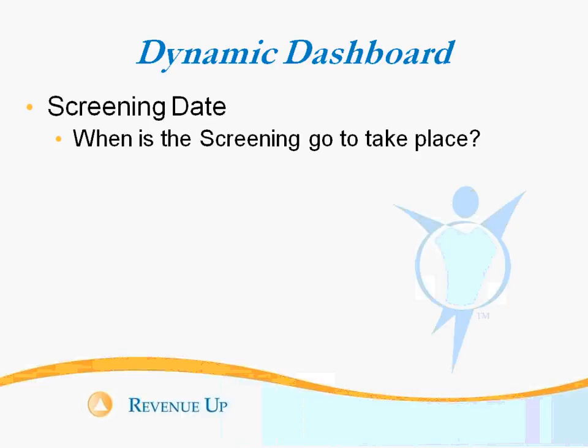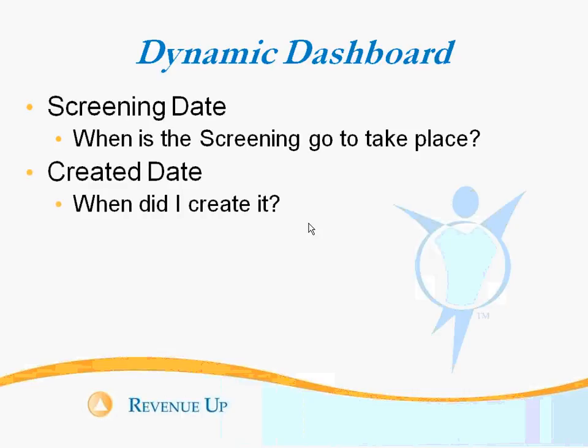All right, and another item that you have is, when was the screening, or when was the object that you're looking for created? So let's say I just got back from a Sunday announcement. I logged in to Salesforce. I just created it today. Now the screening date could be for next week. It could be for next month. It could be for next July.